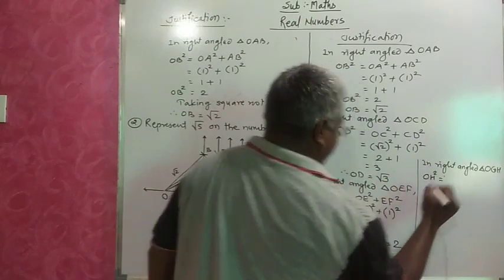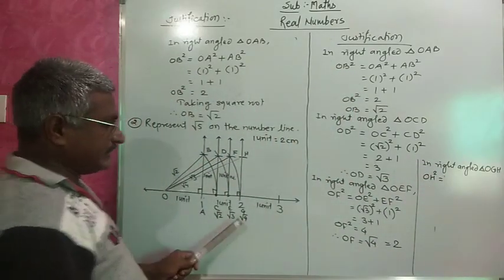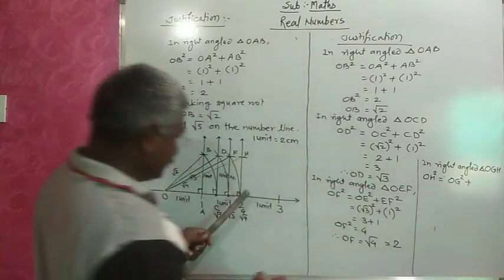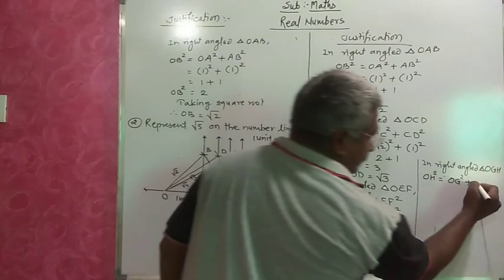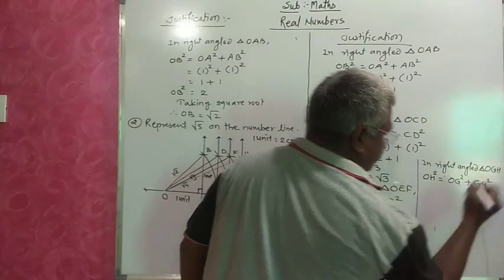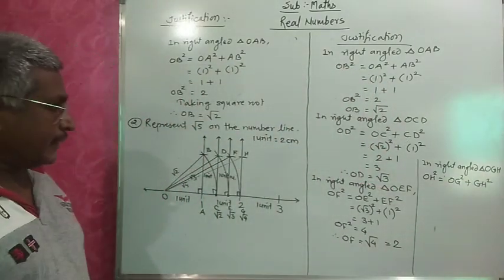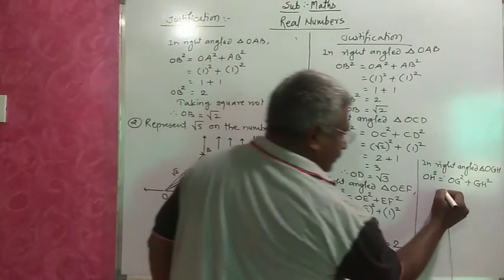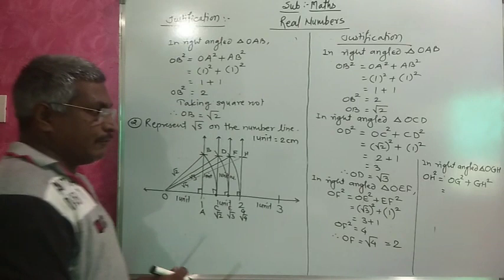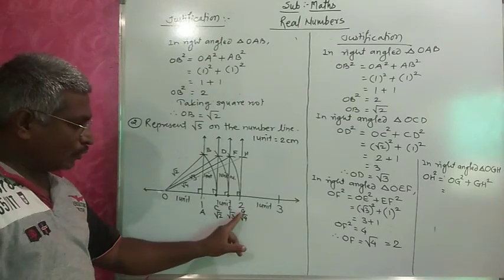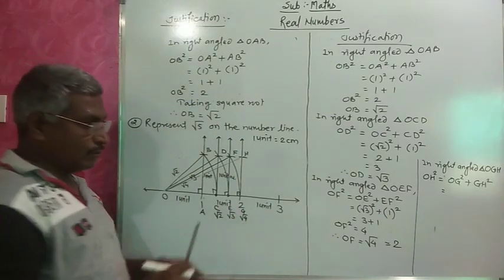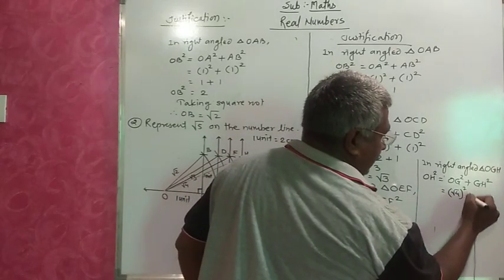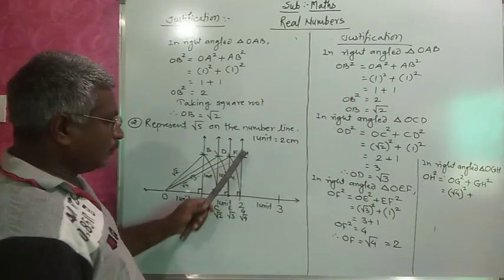OH square equals OG square plus GH square. Hope you understand this, student. Now substitute the value. What is the value of OG? OG is root 4. Root 4 whole square plus GH 1 unit.